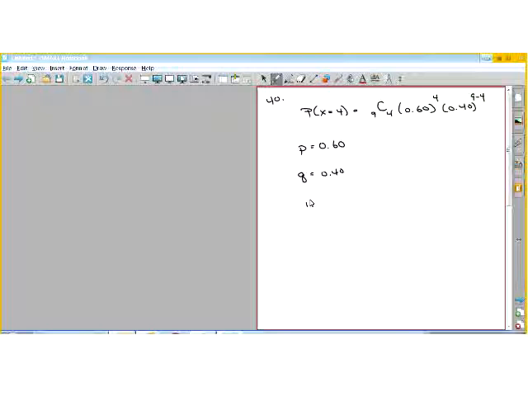Okay, so now we just have to do the calculation. The combination of 9 things taken 4 at a time is 9 factorial over 4 factorial times 9 minus 4 factorial. Gotta get my calculator. Okay, well, actually we don't need a calculator yet because we just got to simplify it. So that's going to be 9 factorial over 4 factorial, 5 factorial.